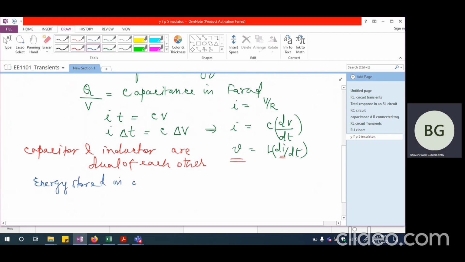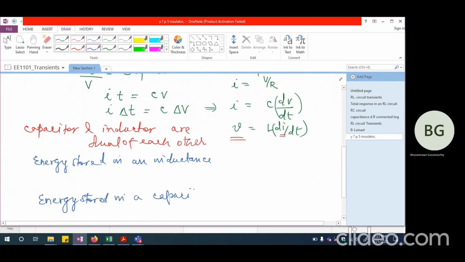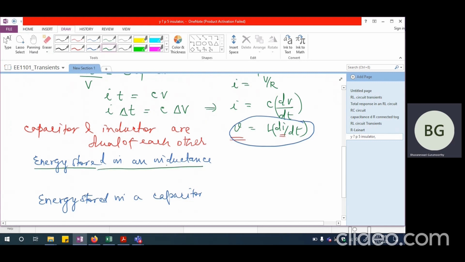in an inductance, and similarly energy stored in a capacitor. So we said that V equal to L di by dt. That is the expression for the relationship between the voltage and current in an inductance.